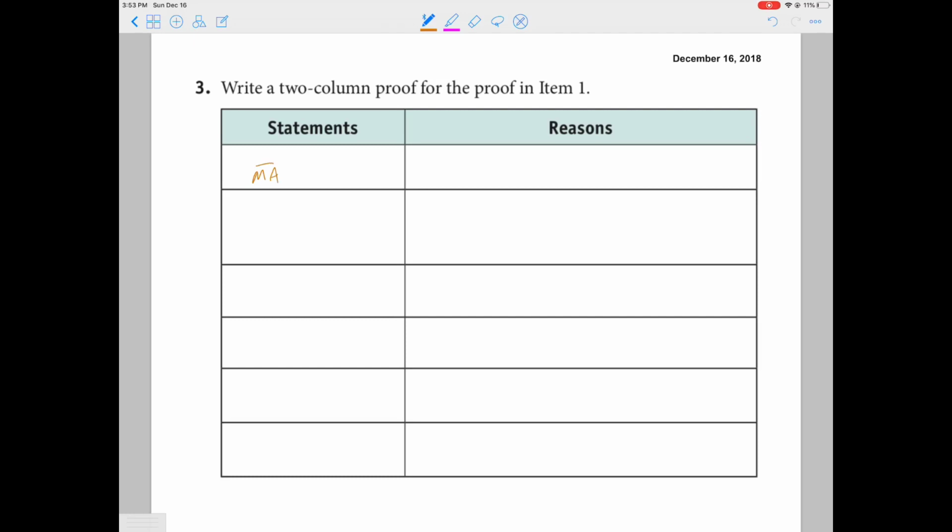So we have MA is parallel to TH, and that was given. Whenever we see parallel lines, we should be using the alternate interior angle theorem next. And that was that angle MTH is congruent to angle TMA.